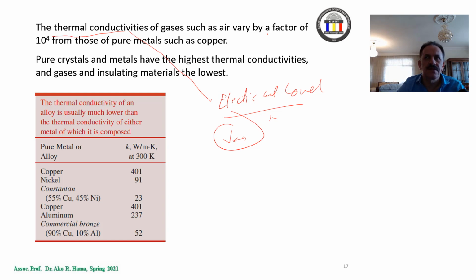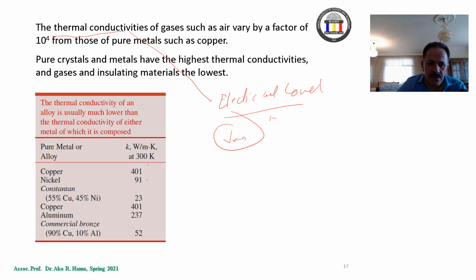If you are talking about electricity, a material is either conductive or unconductive. Unconductive means the material does not let you transfer the electricity. It means that it's an insulator. In this course, we are not talking about electrical conductivity. We're talking about thermal conductivity.